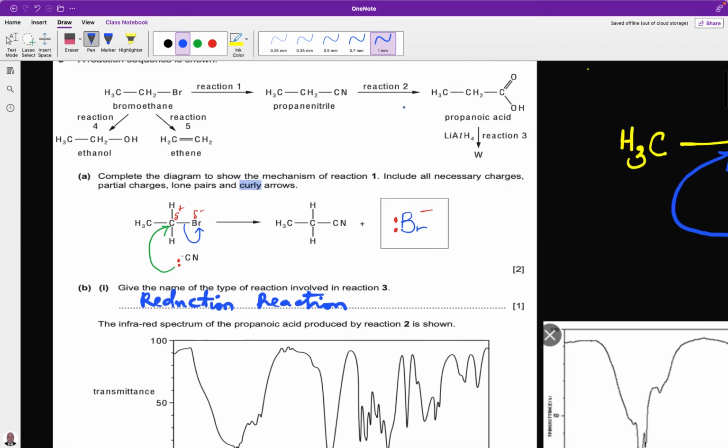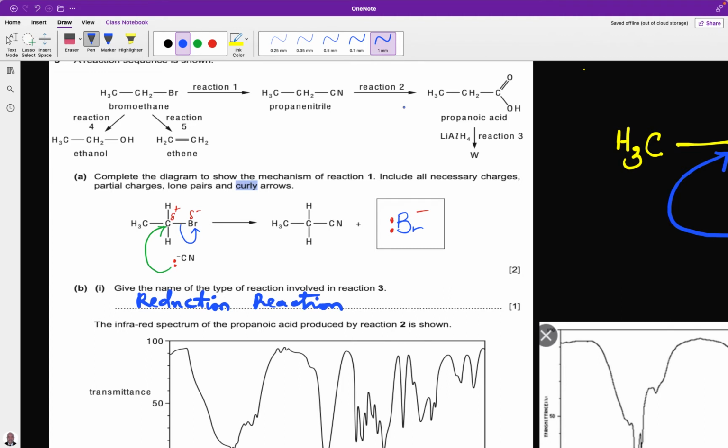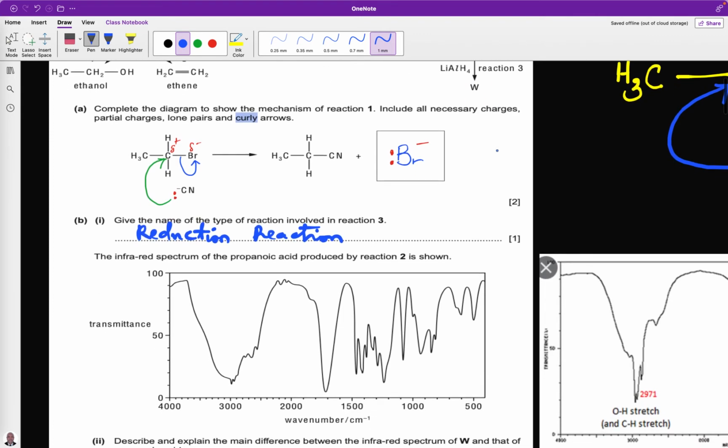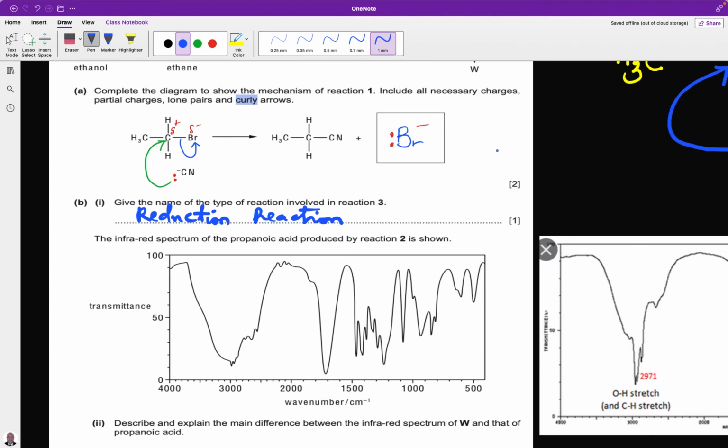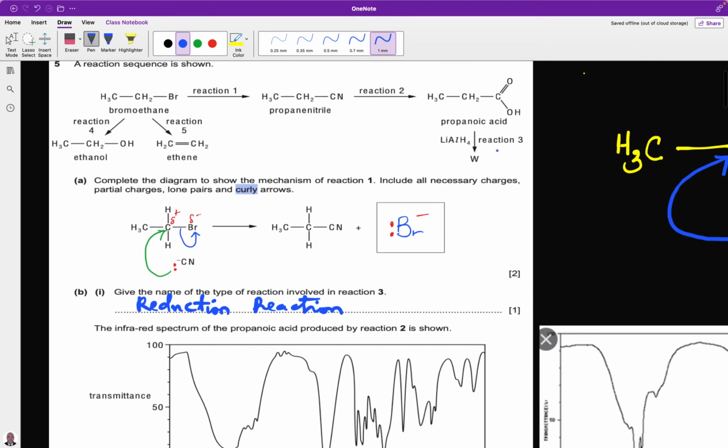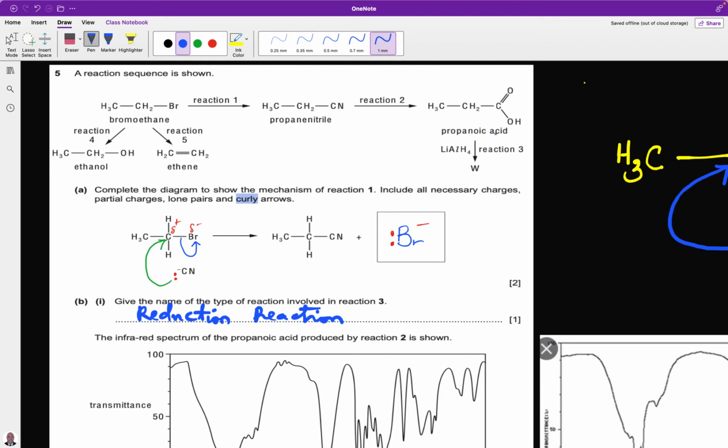Very good. This reduction process, the first thing is, if you can't get the identity of W, you will not know how to give the differences. So I said this is reduced to a corresponding primary alcohol, the reverse of oxidation. And the corresponding primary alcohol for propanoic acid is propan-1-ol.